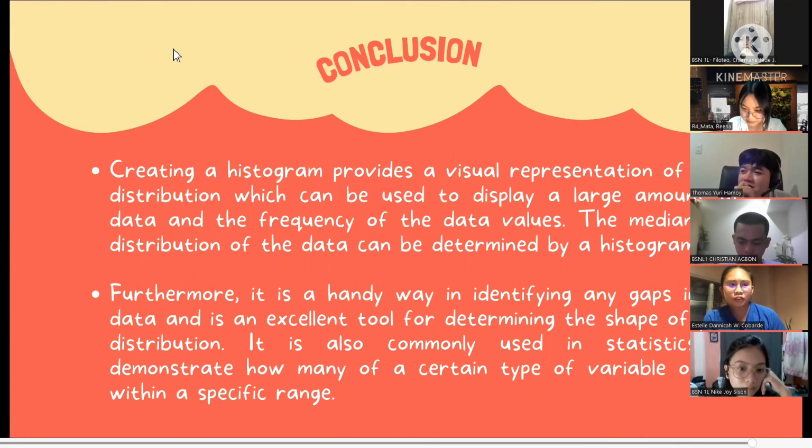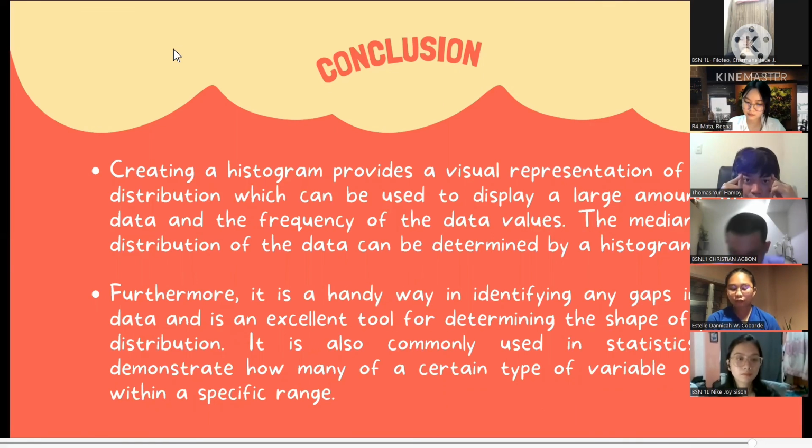Creating a histogram provides a visual representation of data distribution, which can be used to display a large amount of data and the frequency of the data values. The median and distribution of the data can be determined by a histogram. To add, there are different types of distribution and histograms we can use. For the distribution types, we have normal, skewed, double peaked or bimodal, plateau or multimodal, edge peak, combed, truncated or heart cut, and lastly, dog food distribution.